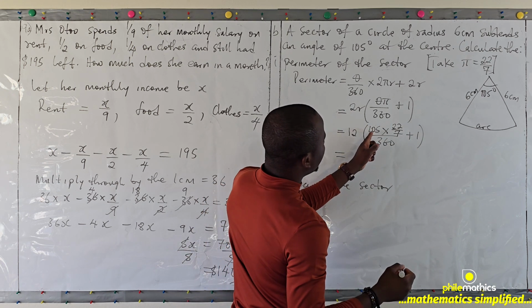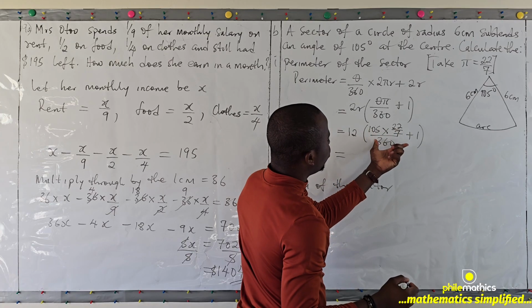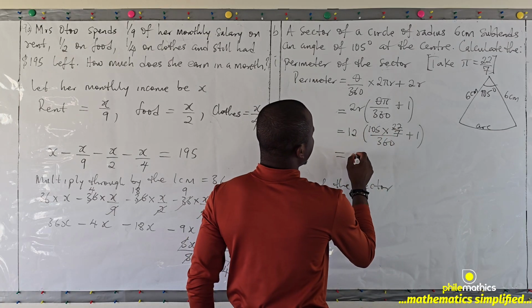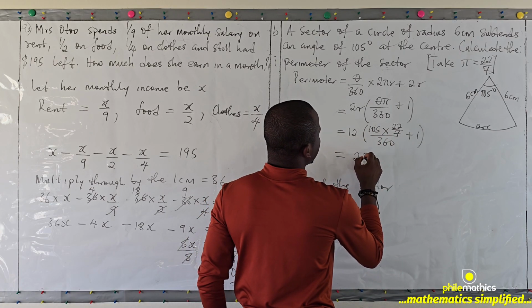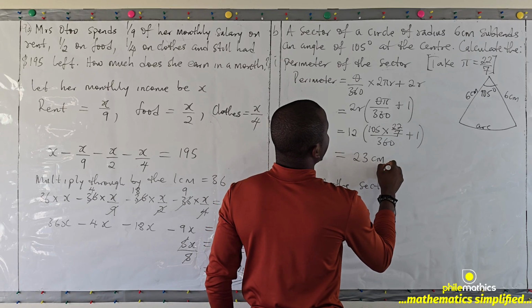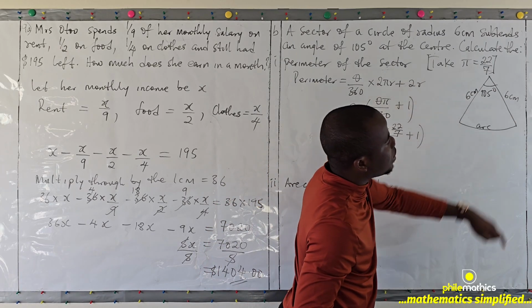If we compute this, you should get 23 centimeters. And that's the distance around this object.